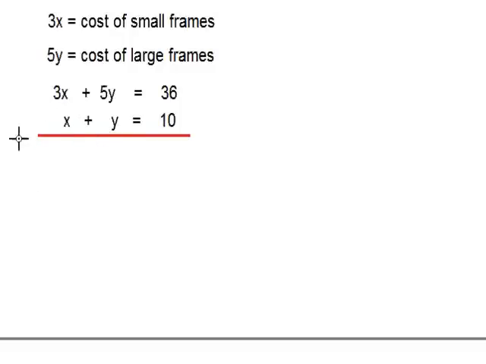But I notice if I add these 2, nothing immediately eliminates one another. But let's say I wanted to get rid of, I don't know, the number of large picture frames, right? So what added to 5y would make the y's turn out to be 0?